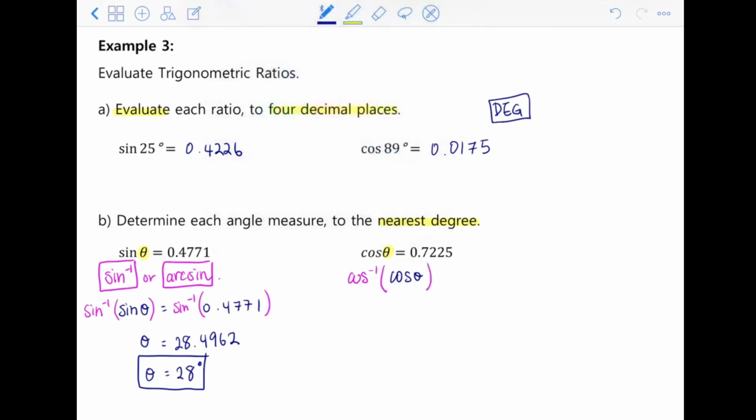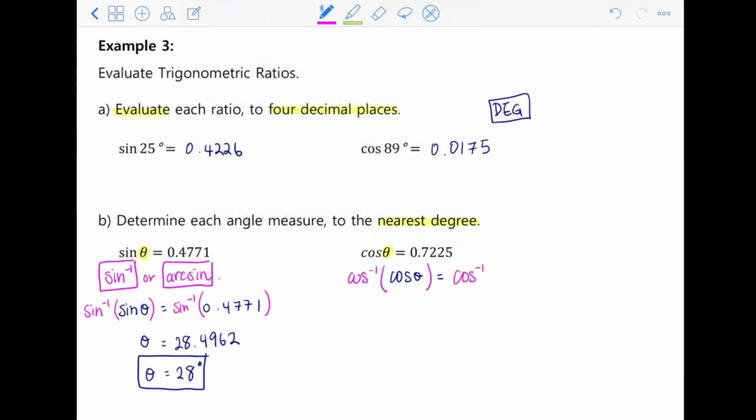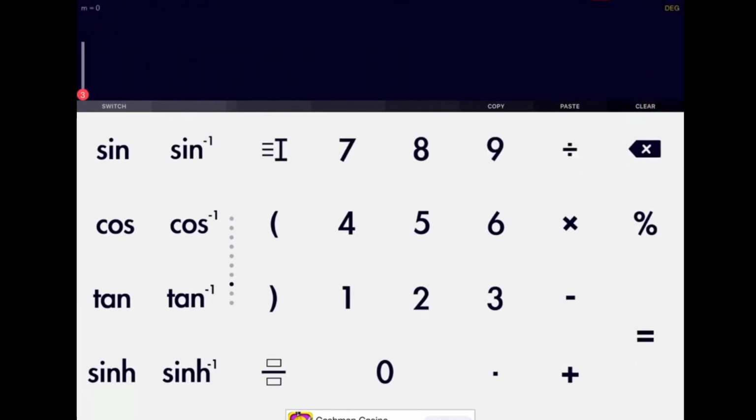So theta equals cos inverse of 0.7225, just like that. All right, so on the left-hand side, we'll be left with angle theta, and let's calculate the right-hand side using the calculator.